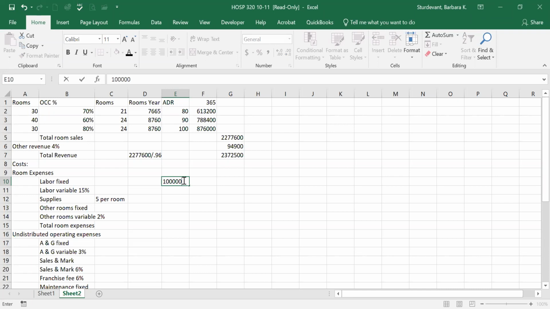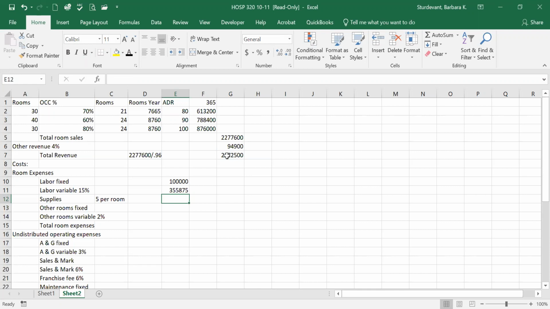And then we have to calculate the variable piece. And the variable piece of labor is going to be 15%. And it's 15% of total sales. So we can just do this and times 0.15. And so that would give us our variable labor.